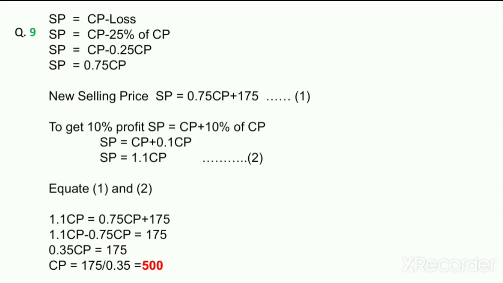Then selling price is equal to 0.75 CP. Now the new selling price is 175 added, 0.75 CP plus 175, and to get 10% profit, selling price is cost price plus 10% of the cost price. So cost price plus 0.1 CP, then SP is equal to 1.1 CP. By equating the two equations, simply we will get cost price as 500.